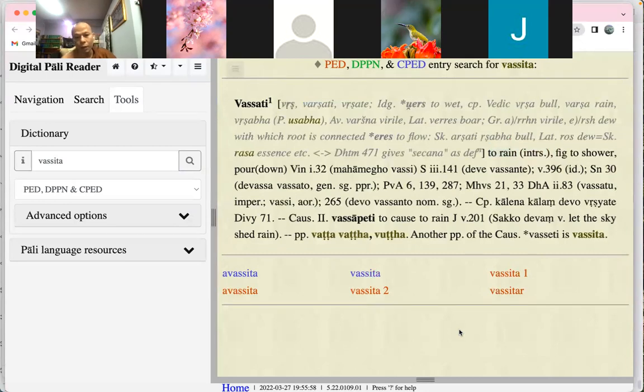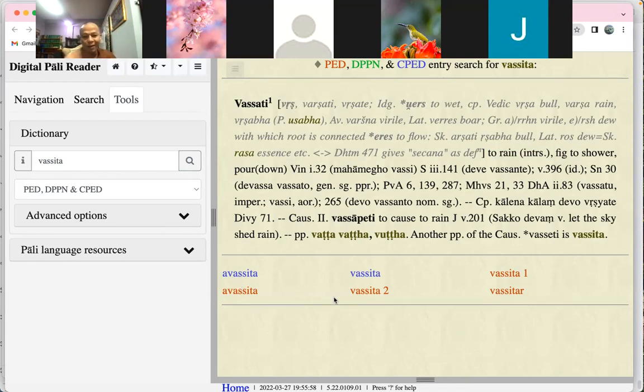Later it is also used for crying: when someone cries, tears come out from the eyes, like raining. Based on that, later vassita means crying. And when someone cries, he or she makes noise.